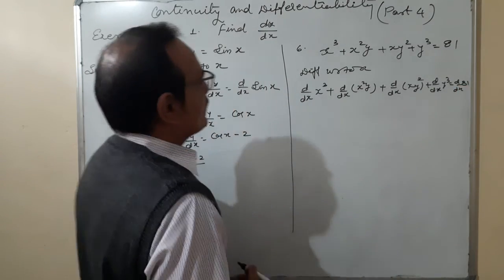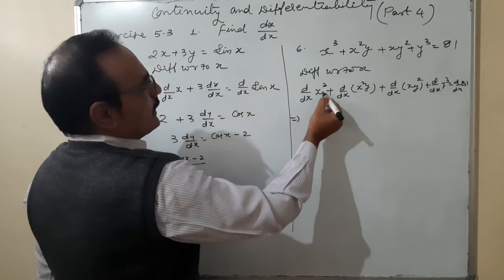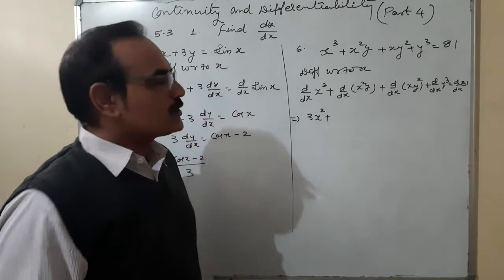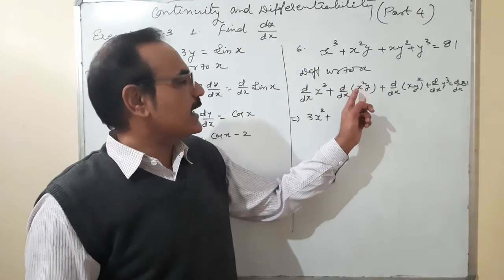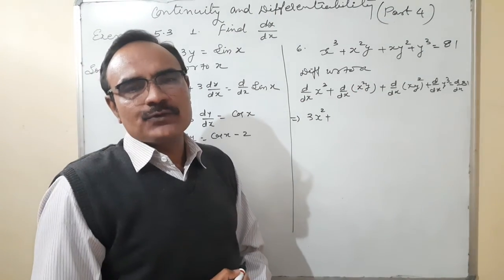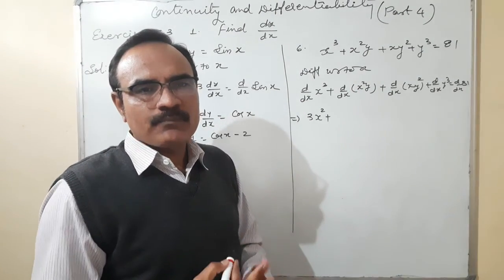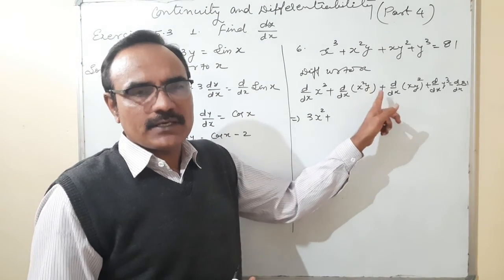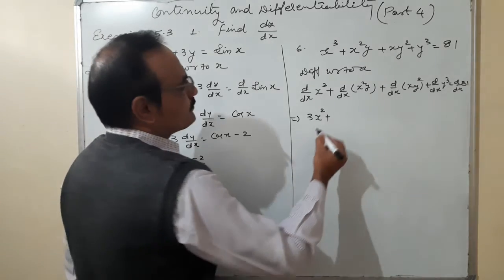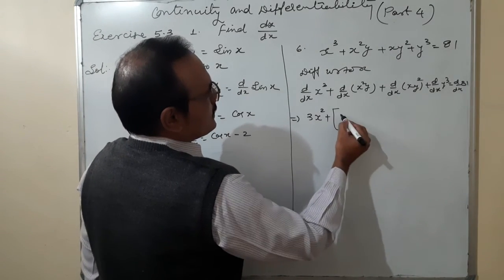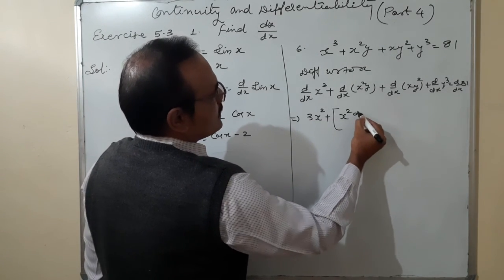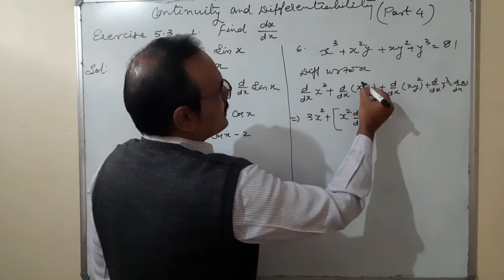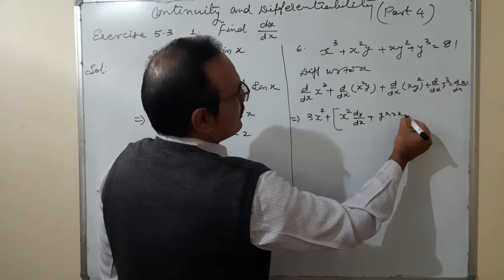When you differentiate the term x cube, it becomes 3x square. Plus, here, because there are two functions, one x square and second y, we'll use the product rule. The product rule says: first function times differentiation of second function, plus second function times differentiation of first function. So x square dy by dx plus y times 2x.